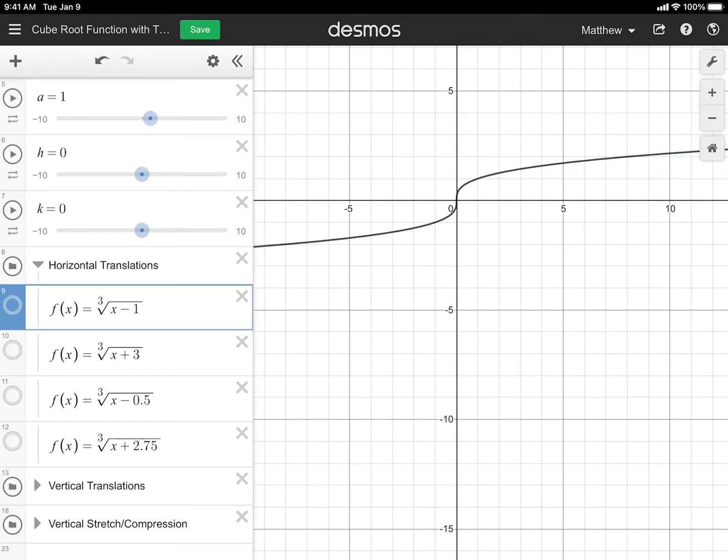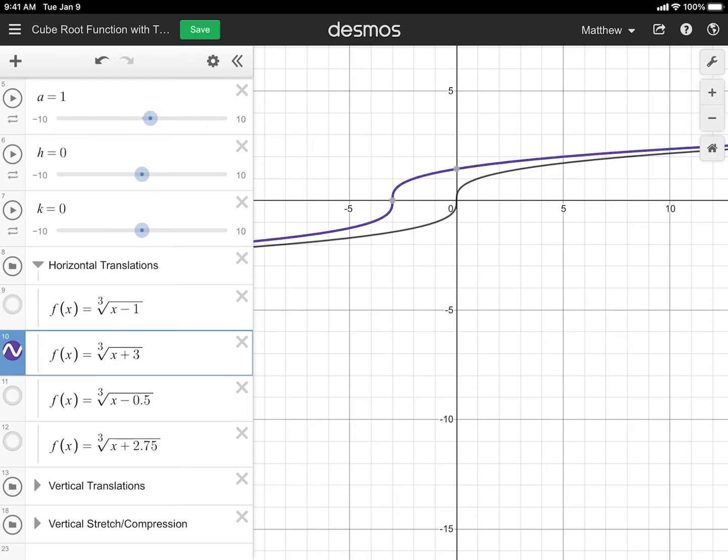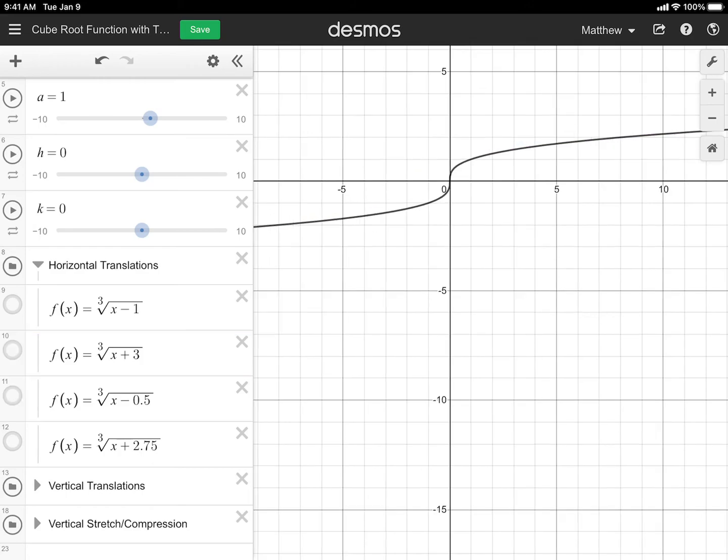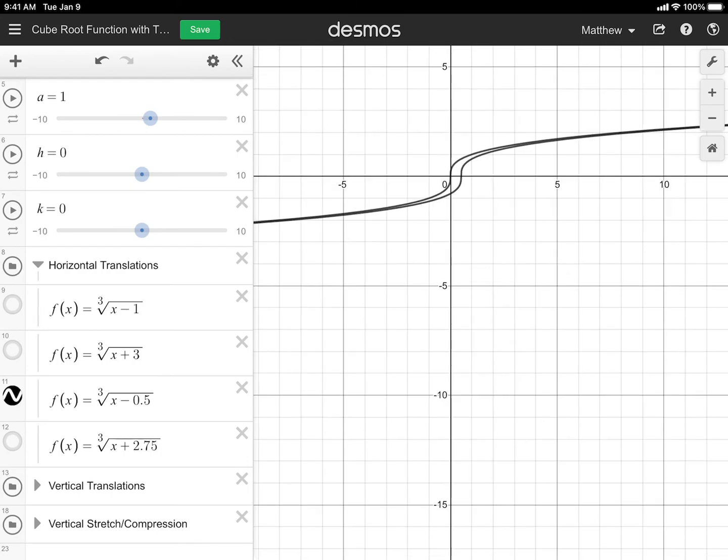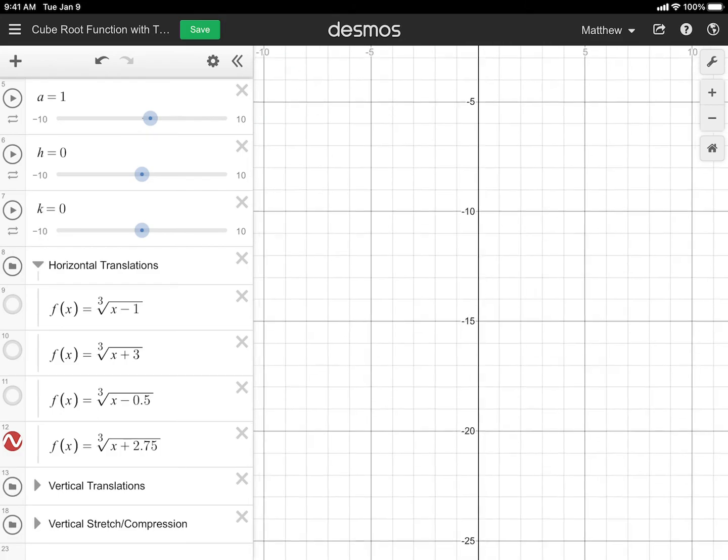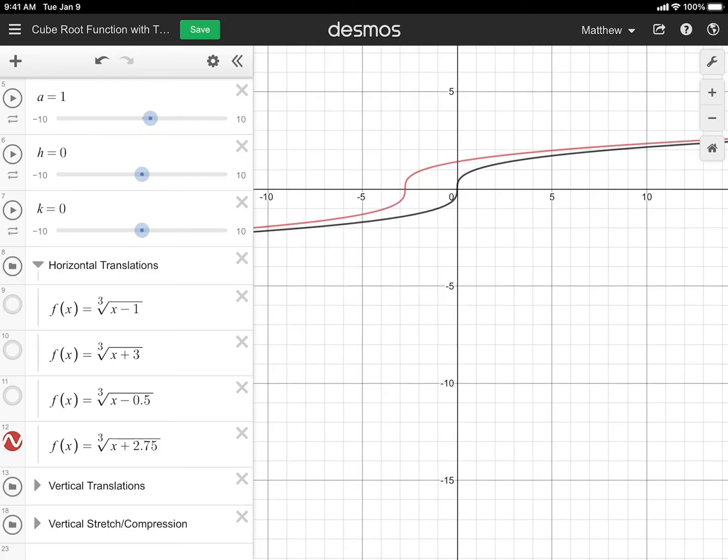Same thing if I have x plus 3: we should anticipate that's going to go to the left 3 units. And then x minus 0.5, to the right half a unit, and so on and so forth. x plus 2.75, to the left 2.75. There's lots of different things that we can do with these.